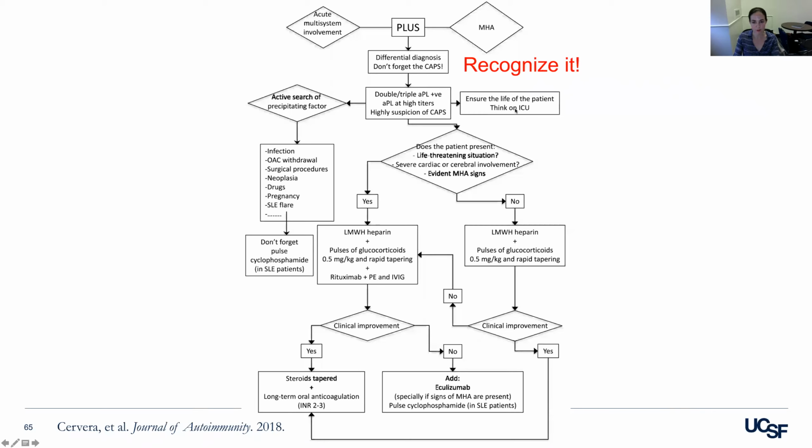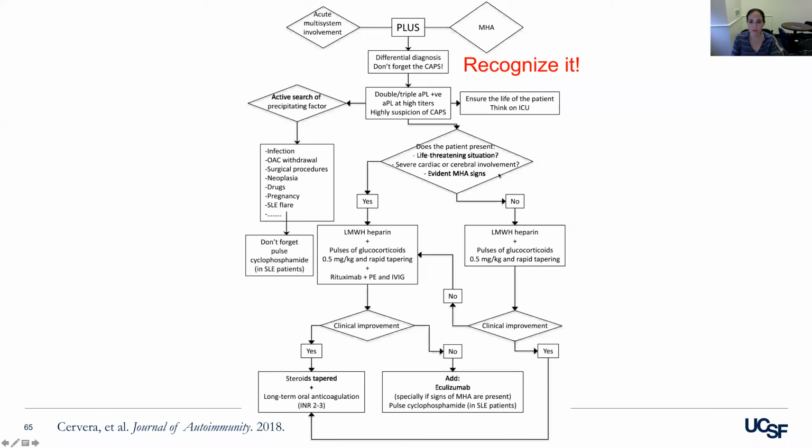Think about ICU level care for these patients if they're not already there, given the fact that these patients can get very sick very quickly. And then stratify them by the severity of their disease. If patients have life-threatening disease, if they have severe cardiac or neurologic involvement, then this group would recommend treatment with heparin, as well as pulse steroids, and consideration of rituximab, plasma exchange, and IVIG.